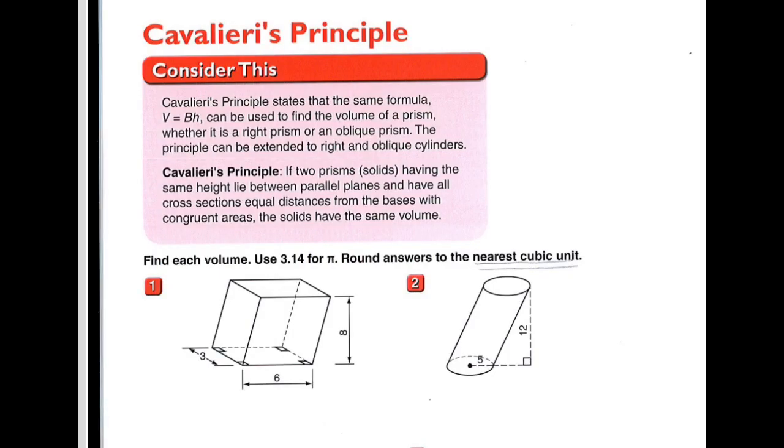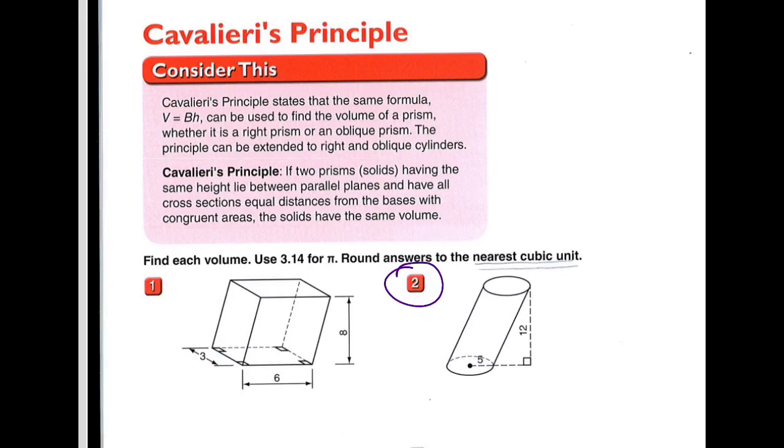Alright, so I just wanted to mention a few things about the other parts of the graphic organizer I already talked about, but once again you have to now practice it on the practice assignment for class. As I mentioned before, number 2 is directly off the graphic organizer. So if you have a prism or a different type of solid like this cylinder here that is slanted or tilted, it's the same exact volume.